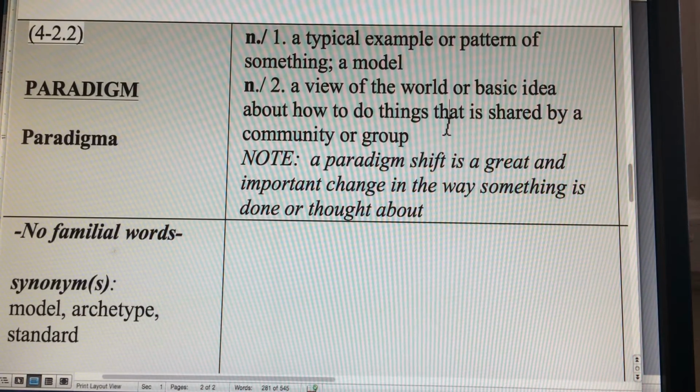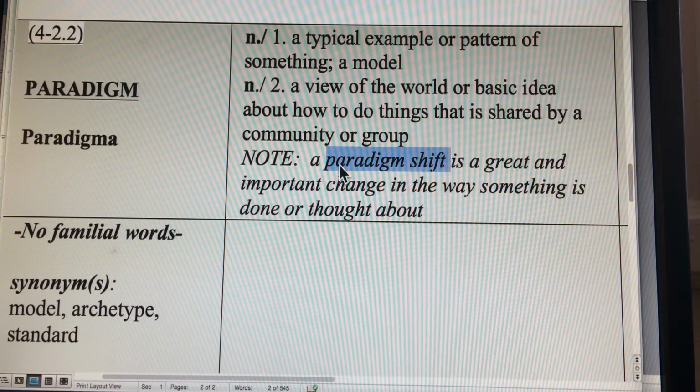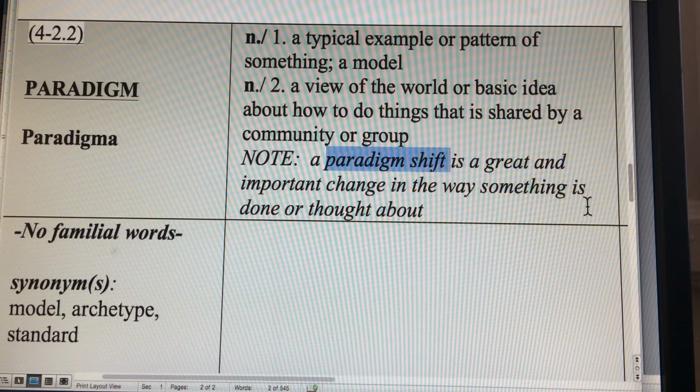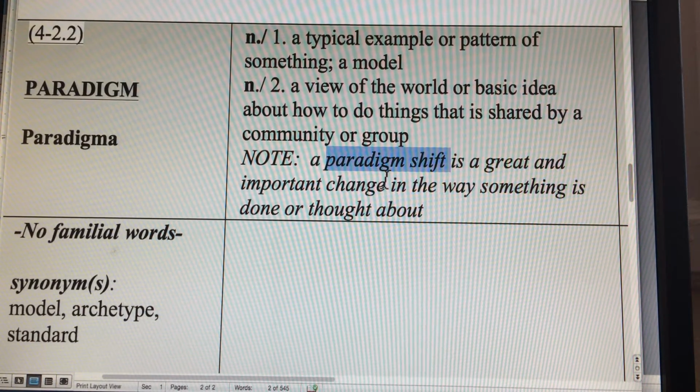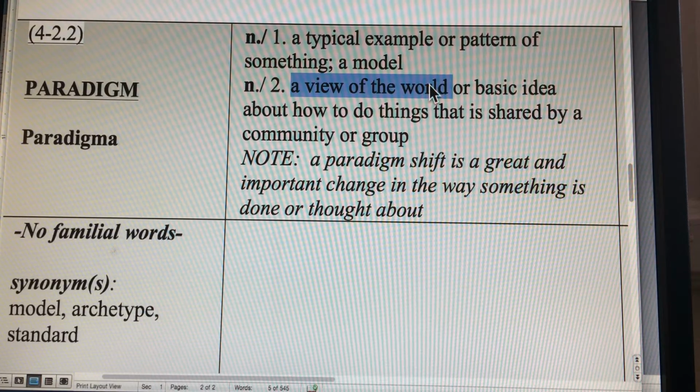Okay, this is a very high academic word, especially professors like to use this in college, especially the term paradigm shift. A shift is a change. So paradigm shift is a great and important change in the way something is done or thought about. Okay, so a shift in paradigms, a shift in a basic worldview.